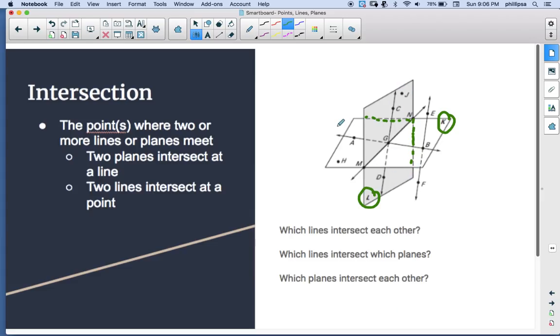Now, just like two lines would intersect at a point, and a line and a plane would intersect also at a point, two planes would intersect at a line. So these two planes are intersecting at line MGN.